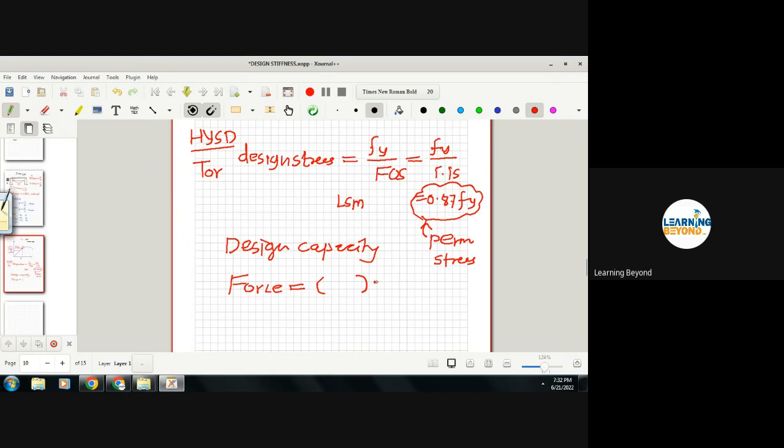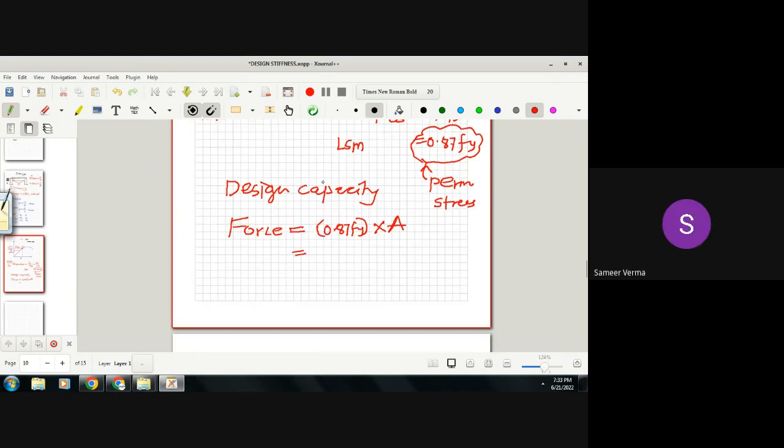This stress we call the permissible stress as given in the code, the permissible stress in reinforcement steel. How much is the design stress? 0.87 Fy. What Fy are we generally using currently? 415 or 500. Now in the market nobody is using 415; people are using 500 mostly, because that is what is available. So with 500, and the area of a 16 mm bar roughly 200 mm square, what will be the capacity?